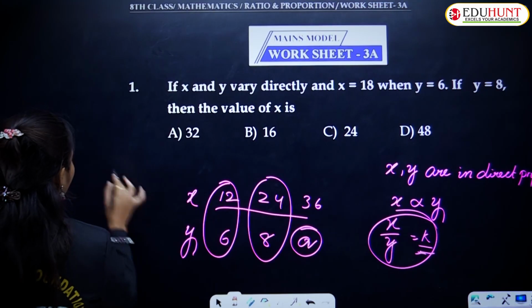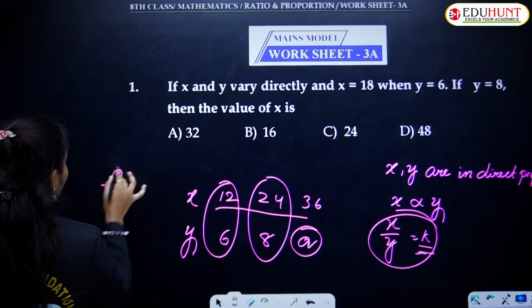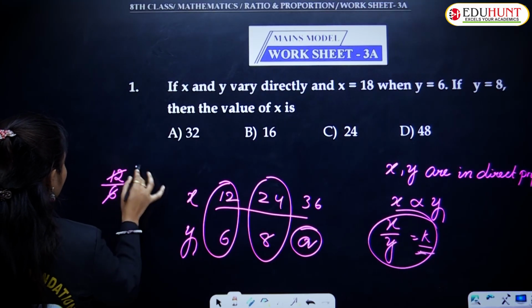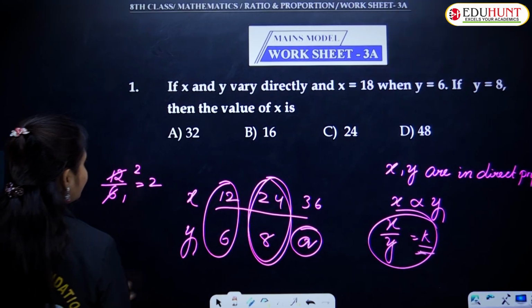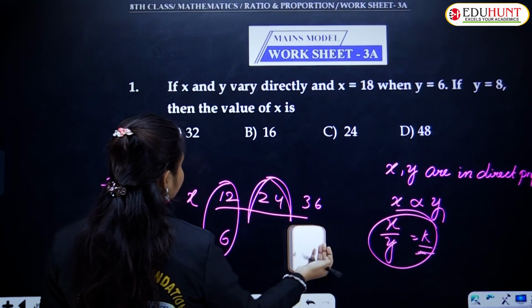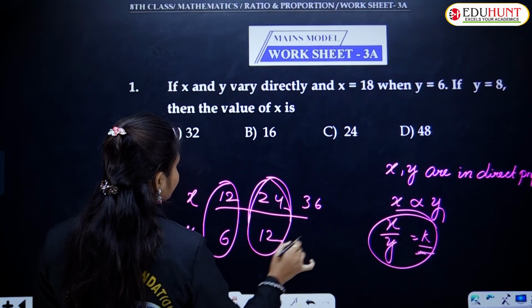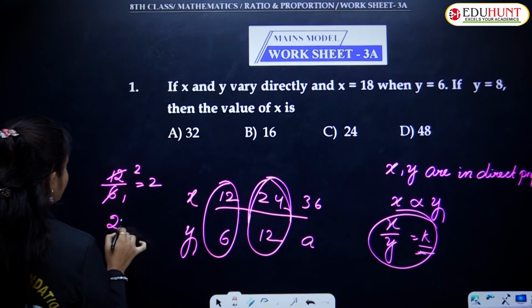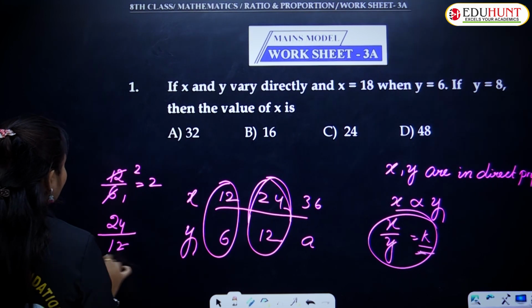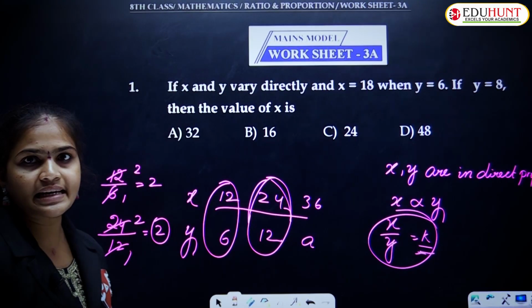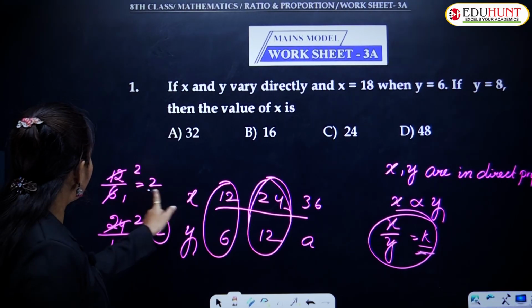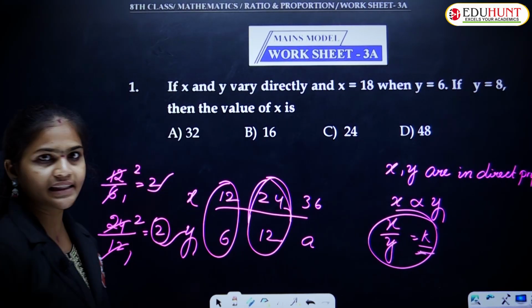Just see, the ratio of 12 by 6: 6 ones are 6, 6 twos are 12, so the ratio is 2. Come to the next one, 24 and 12: 12 ones are 12, 12 twos are 24, again the ratio is 2.